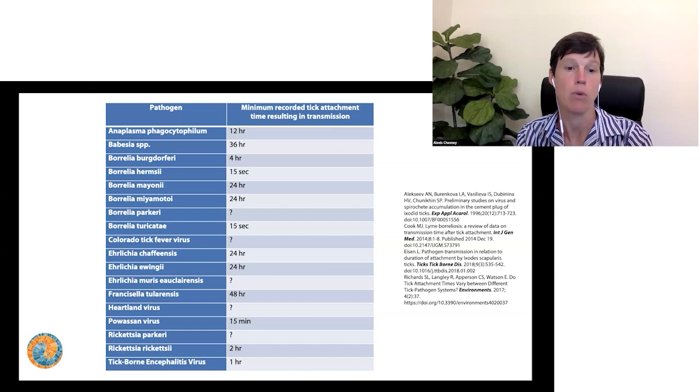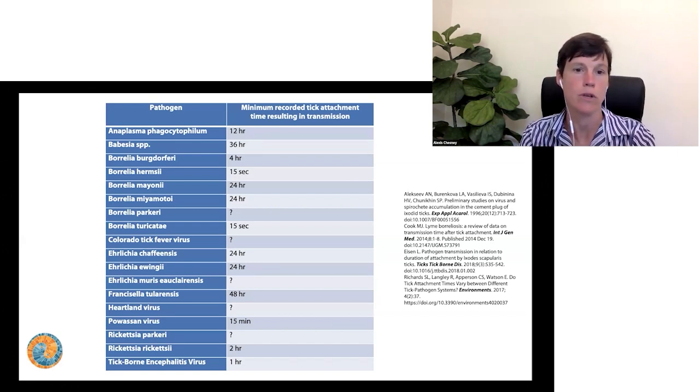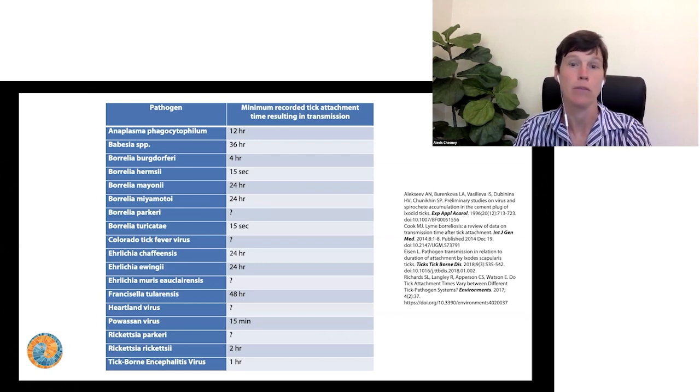And then Powassan, also really important, 15 minutes. Of course, Powassan virus is rare, thank goodness, because it can be fatal. It's very rare in ticks, but it is transmitted very quickly if it is carried by a tick. So you can take a look at this chart.